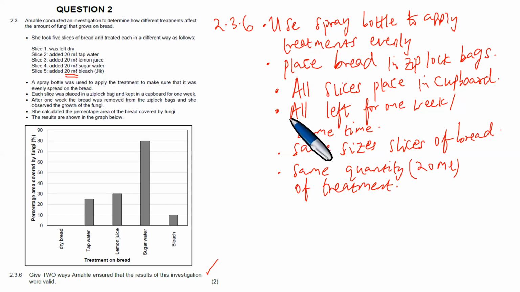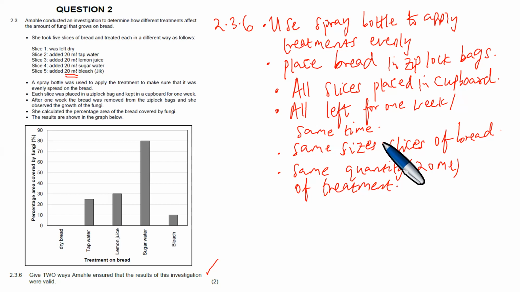So, how did Amahle make sure that the results of the investigation were valid? She used a spray bottle to apply the treatment evenly. Secondly, she placed bread in Ziploc bags. Thirdly, all slices were placed in the cupboard, and no slices were placed somewhere else.